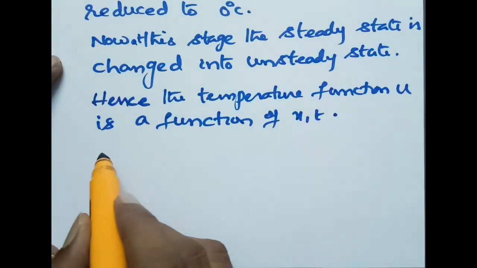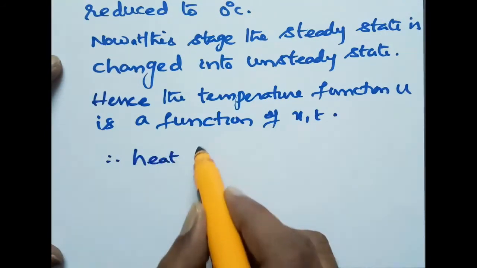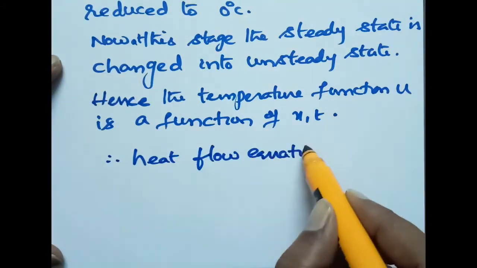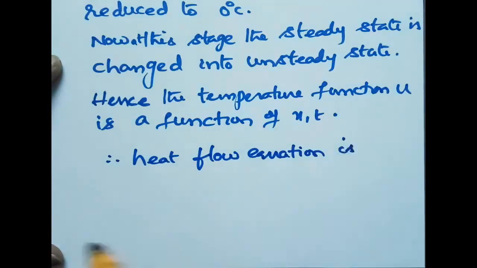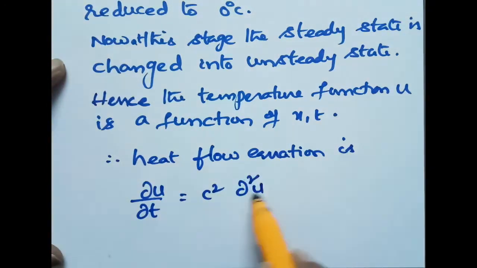Therefore, the heat flow equation is ∂u/∂t = c² ∂²u/∂x². This is the one-dimensional heat equation.